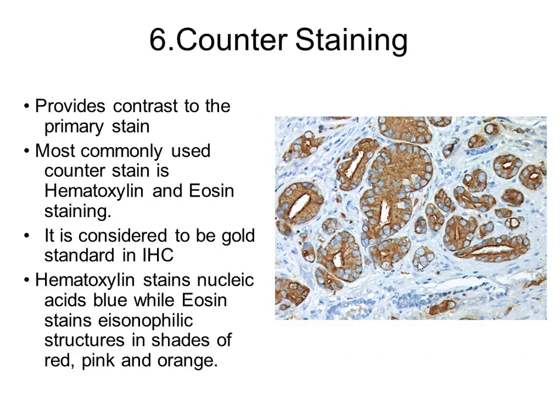Next step is counterstaining. It provides contrast to the primary stain. The most commonly used counterstain is hematoxylin-eosin. It is considered the gold standard in immunohistochemistry. Hematoxylin stains nucleic acids blue, while eosin stains eosinophilic structures in shades of red, pink, and orange.